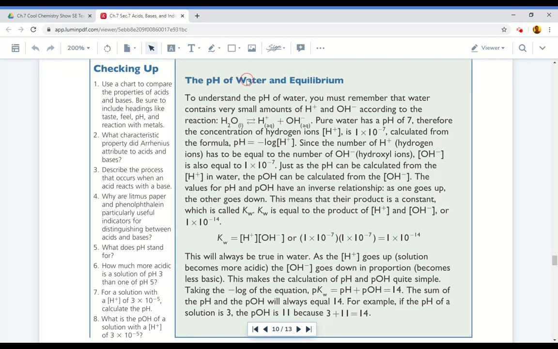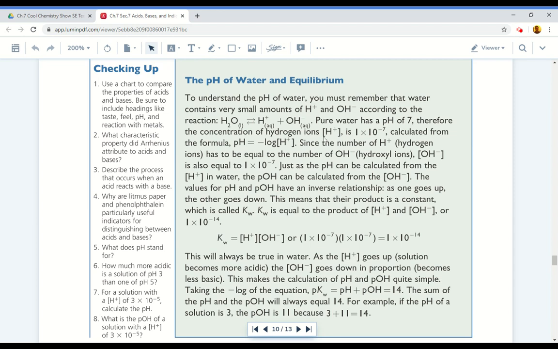The pH of water and equilibrium. To understand the pH of water, you must remember that water contains very small amounts of the positive hydrogen ion. According to the reaction, pure water has a pH of 7.